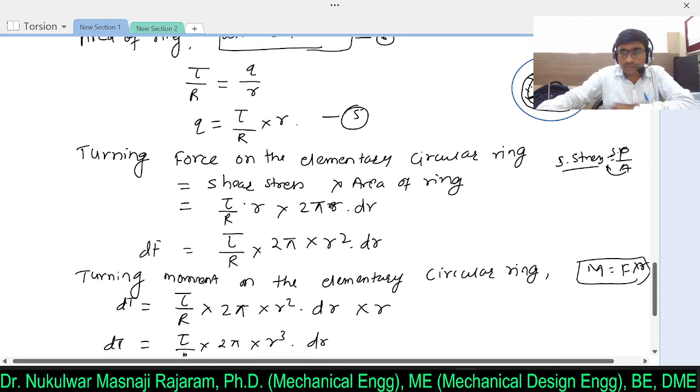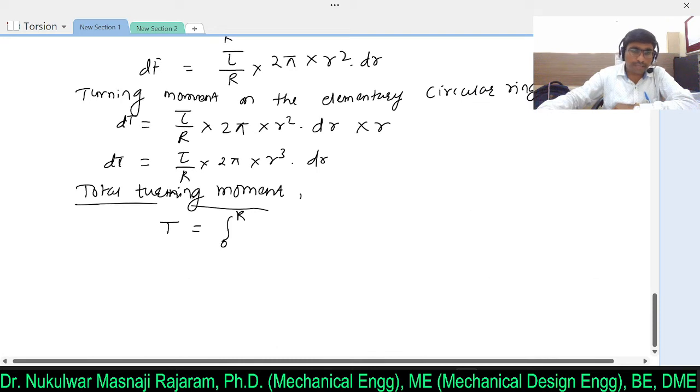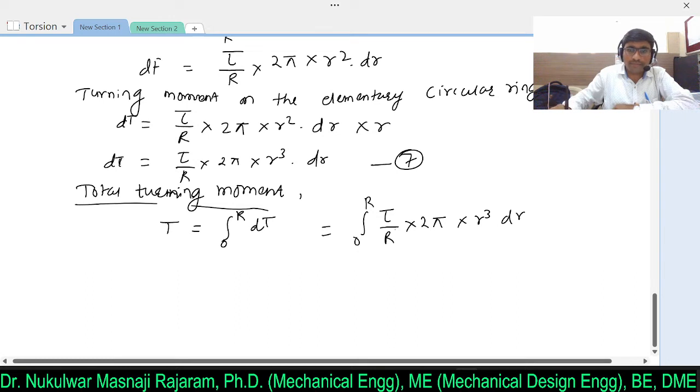So this is 0 to maximum outer radius r. So this will be the T. If I consider this equation 7, then I can write from 0 to r tau divided by r into 2 pi into r cube into dr. Now tau divided by r and 2 pi are constants. So I will rewrite 2 pi into integral 0 to r of r cube dr.